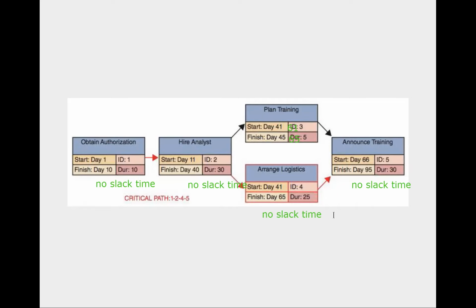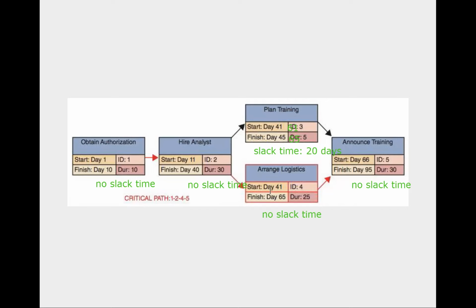So we can say the slack time for task number 3 is 20 days. This task can be delayed by 20 days without affecting the total project time, right?